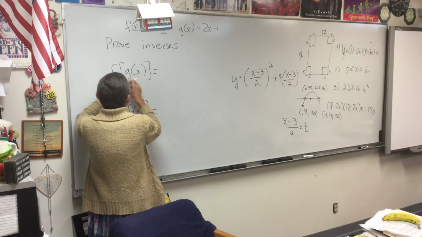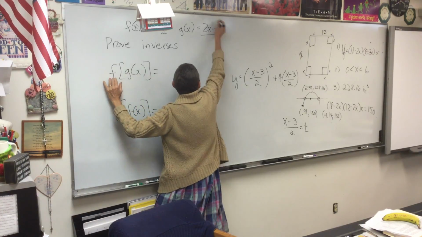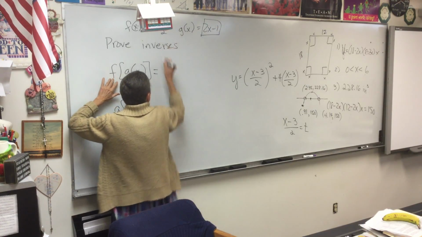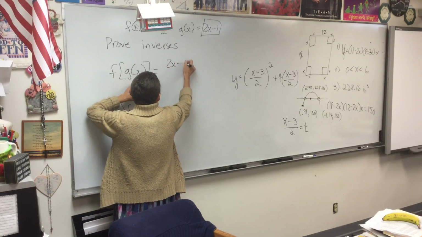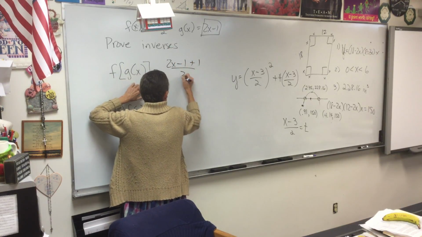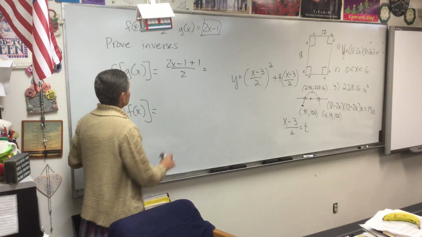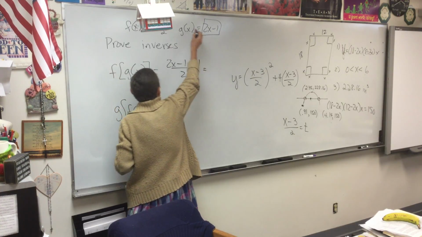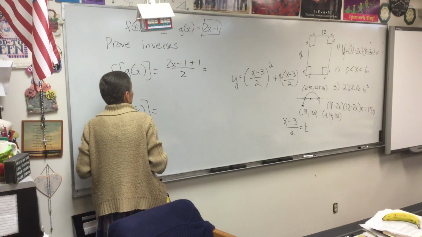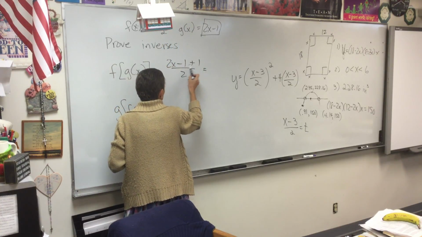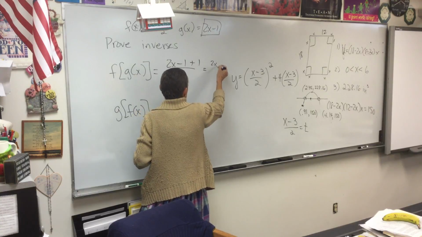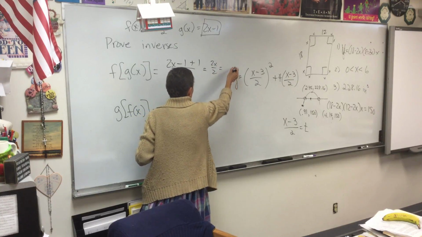So this means plug G into F. That would be (2x minus 1 plus 1) over 2. I'm taking my G function and plugging it into my F function. What happens to these two ones? So I have 2x over 2, which is x.